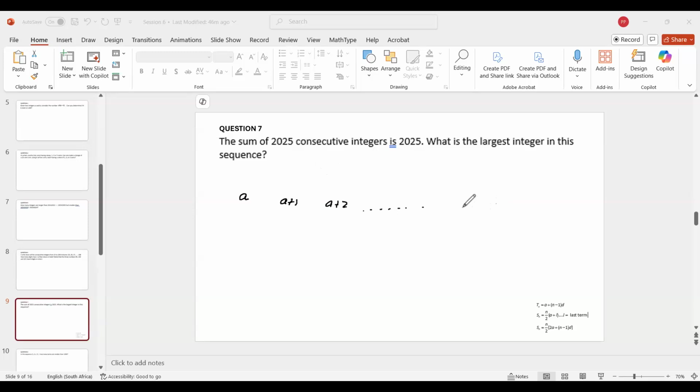So altogether you've got 2025 terms, and you're adding all these things: first term, second term, and so on. And they say the sum is 2025.